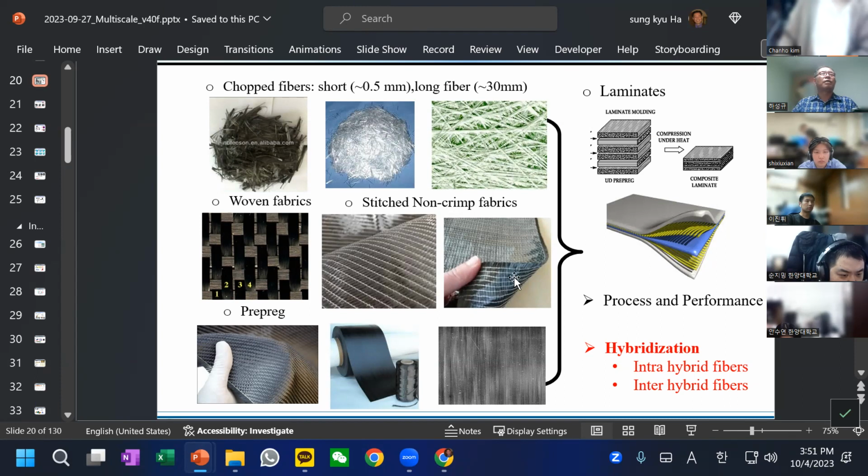So with all these procedures, you can have a laminate, you can have a composite, and then it can be applied to many different structures for aircraft and automotive, and even for batteries, such as the enclosure, and many other things.